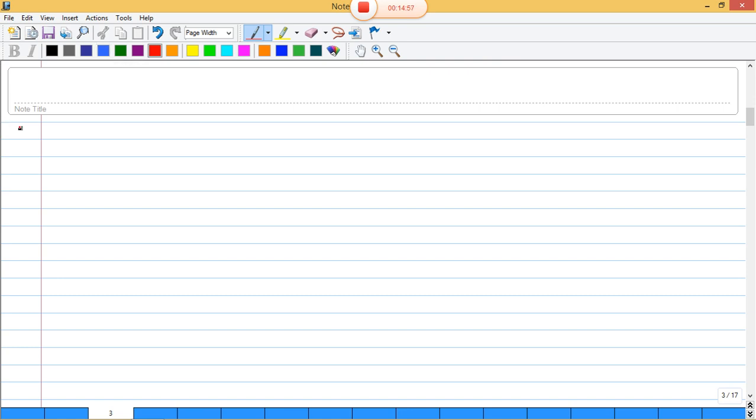Now next question. If xt is given as cos of t plus pi by 4, we have to check whether this signal is periodic or not. If signal is periodic, then find out the fundamental time period. So just compare this one with cos of omega naught t plus pi by 4.